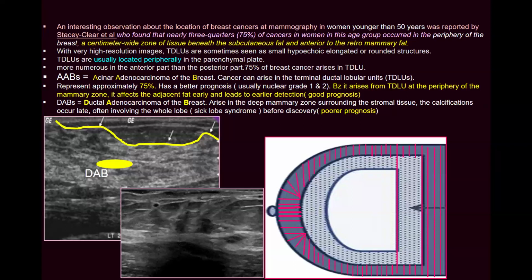Even early in this lecture, we discussed that most of the terminal duct lobular units are anterior and at the periphery of the mammary zone. And as you know, 75% of breast cancer arises from the terminal duct lobular unit.